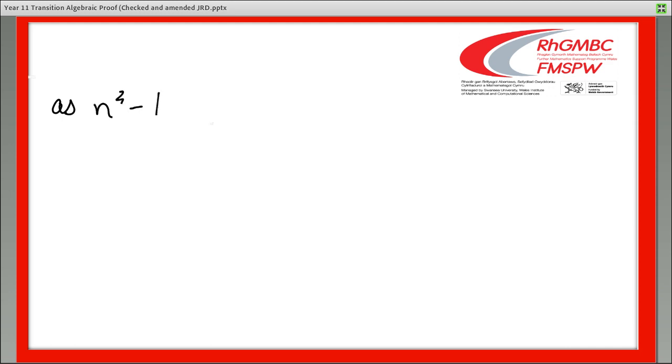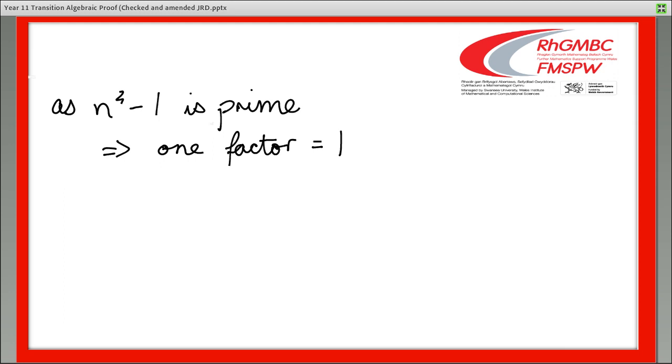Again, if you think back to primary school, bottom end of secondary school, a prime number, what you were told, so as n squared minus 1 is prime, this implies 1 factor is equal to 1.